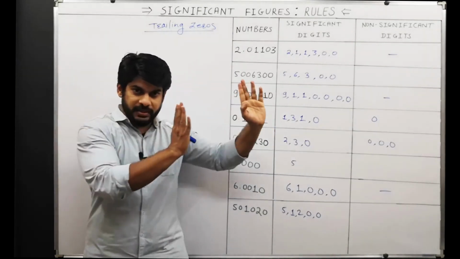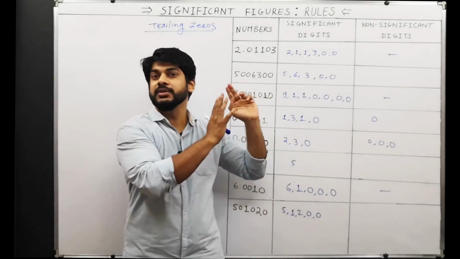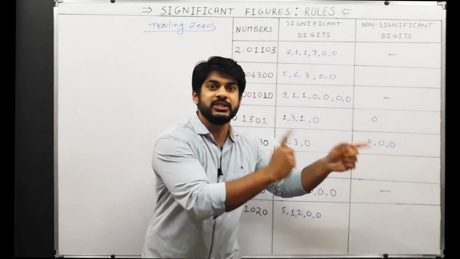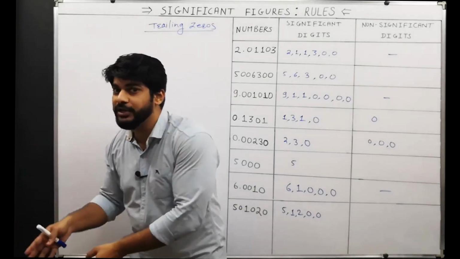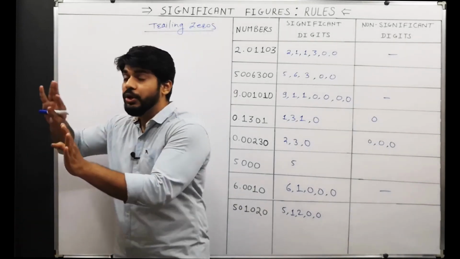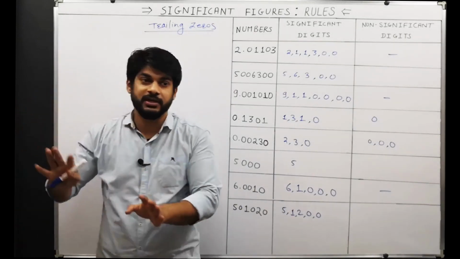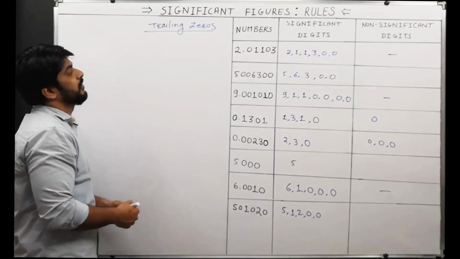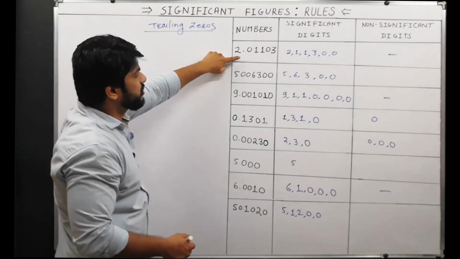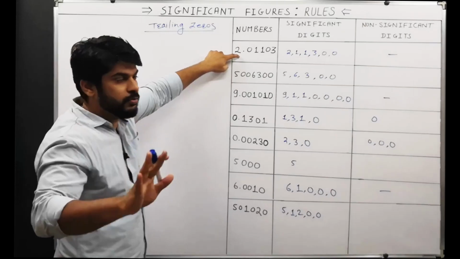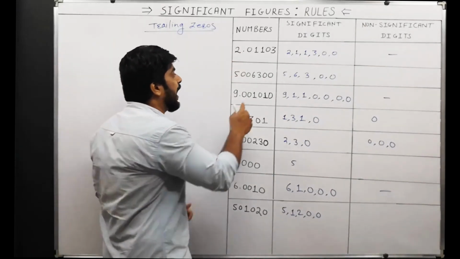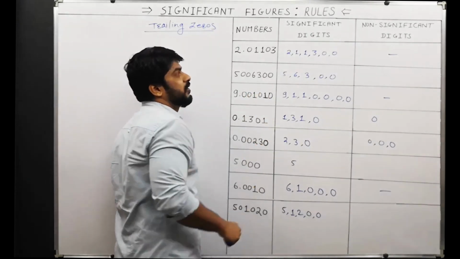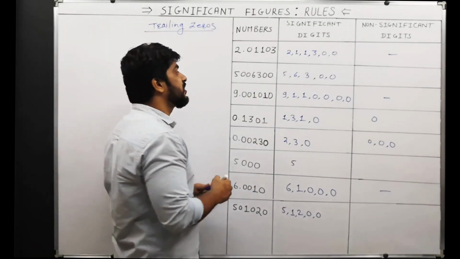If there is a decimal point, the trailing zeros are significant. If there is no decimal point, the trailing zeros are not significant. So let's look at this starting from this. There is a decimal point, so this rule does not apply. Here there is no decimal point, and here we have some trailing zeros also, so they are non-significant.